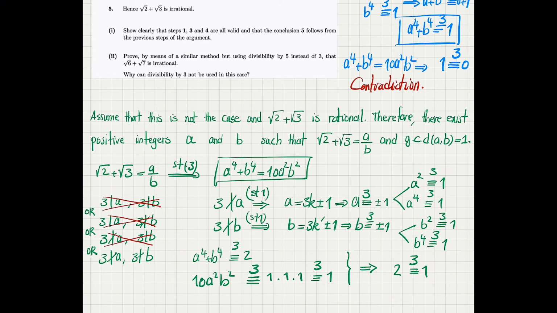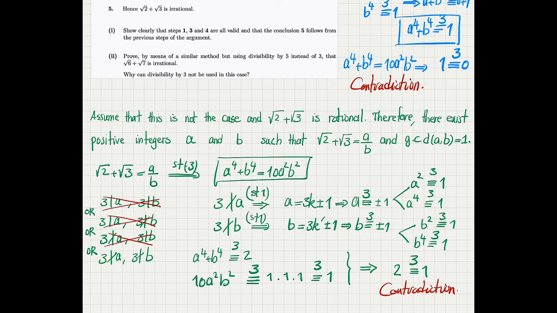But this is also a contradiction, because 2 minus 1 is 1, and 1 is not divisible by 3. So this is also a contradiction. Let me write it with red. Contradiction.